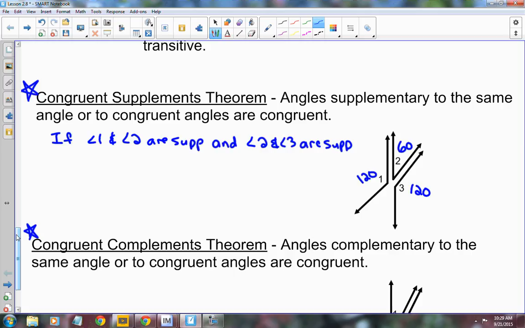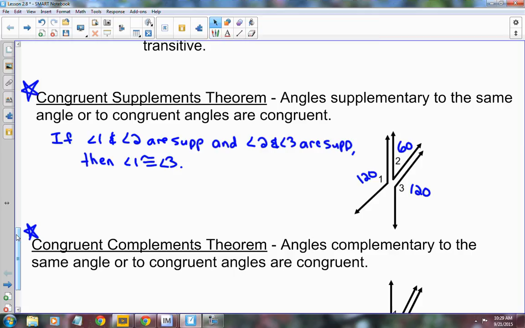So if 1 and 3 are both supplementary to 2, their only relationship would have to be that they're congruent to each other, because they're both supplementary to the same angle measure. So angle 1 is congruent to angle 3.